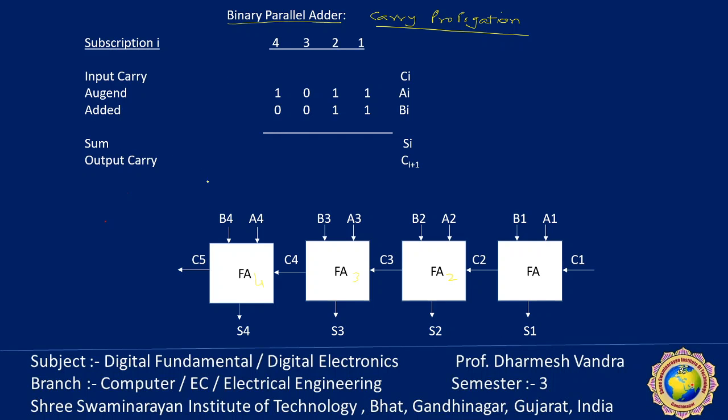The operation done by this circuit is A plus B. These two are added and generate the 4-bit sum and the carry output of the final stage, and the input is the carry input of the first stage.